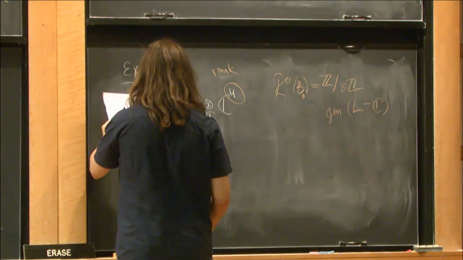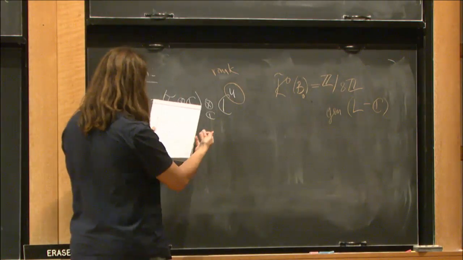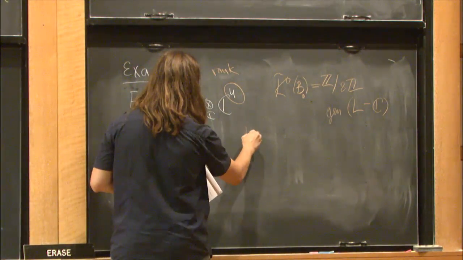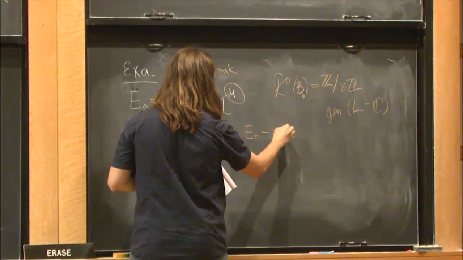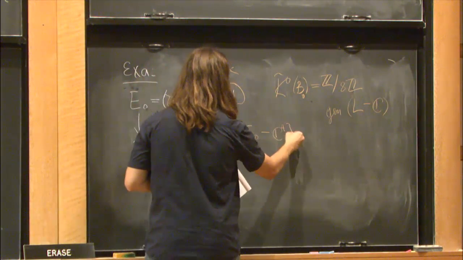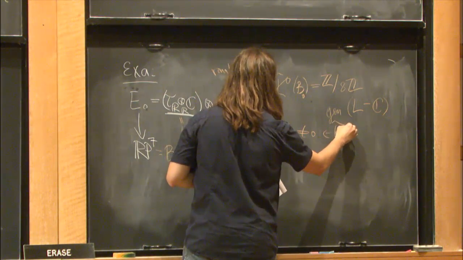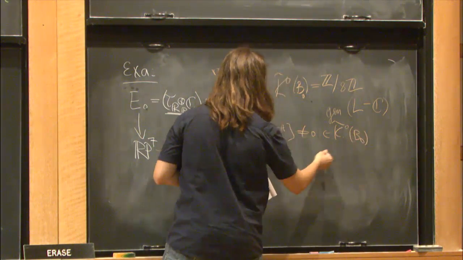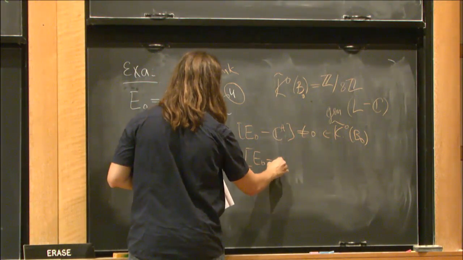So E0 minus C4 is not 0 in reduced K theory, and twice of this is 0.